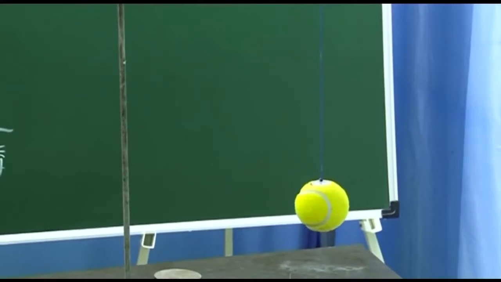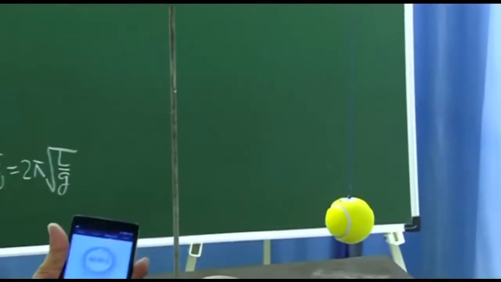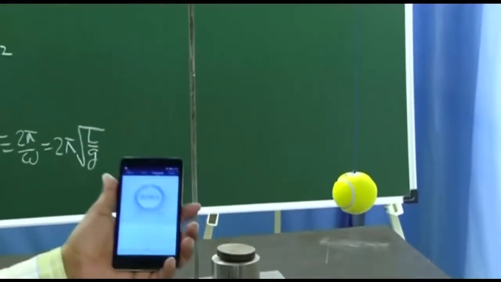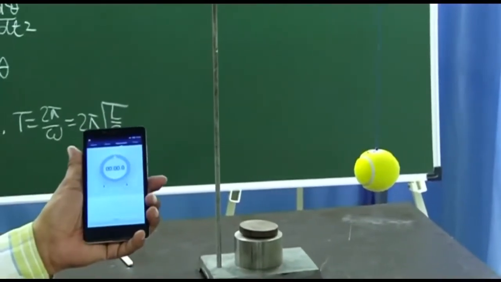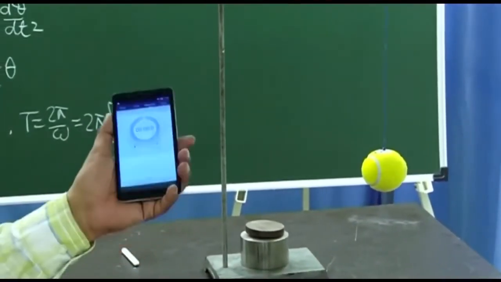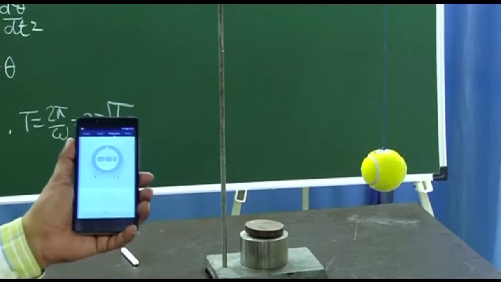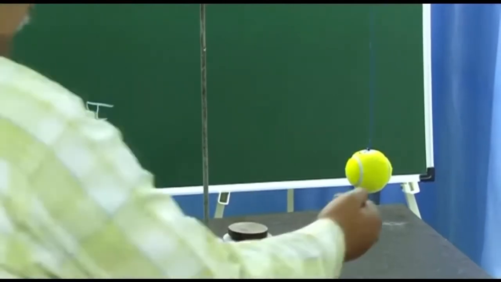And to measure the time period, we can use a stopwatch. So, I will be using this mobile stopwatch to measure the time of say 10 oscillations. So, let me first oscillate with small amplitude.